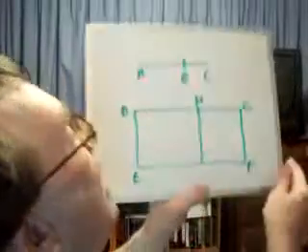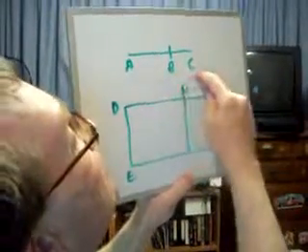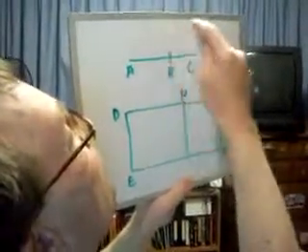And since each of the straight lines AB and BC is medial, then the squares on AB and BC are also medial. So that means that if this line and this line are medial, then their squares are also going to be medial.